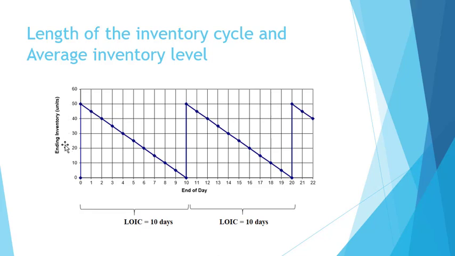Next, we can see that the highest inventory is 50, the lowest is 0, and the rate of consumption is the same. Then the average inventory level will be simply 50 plus 0, which is 50, divided by 2, equals 25. So the average inventory level is 25 units.